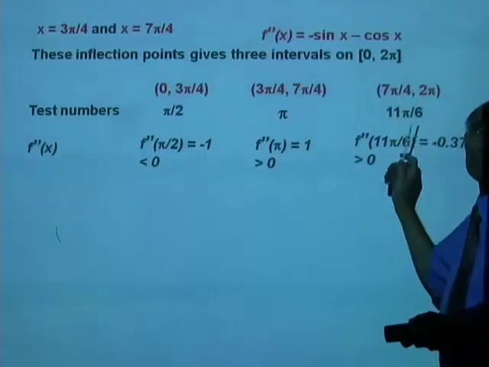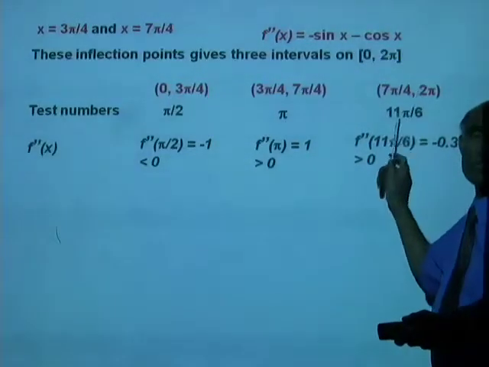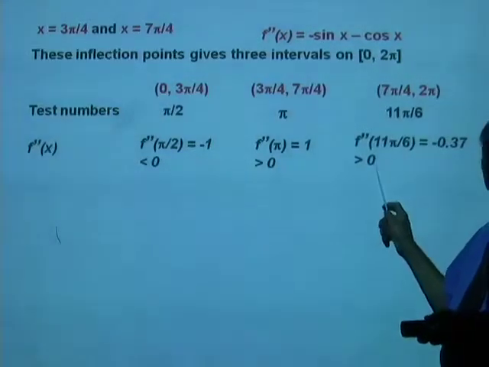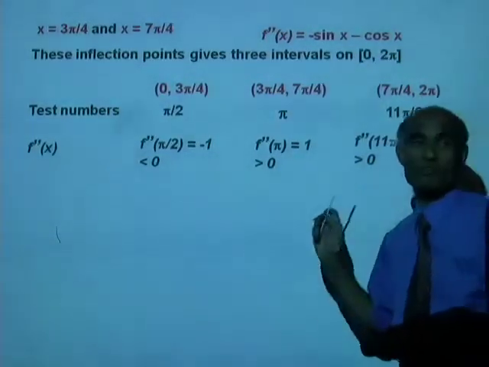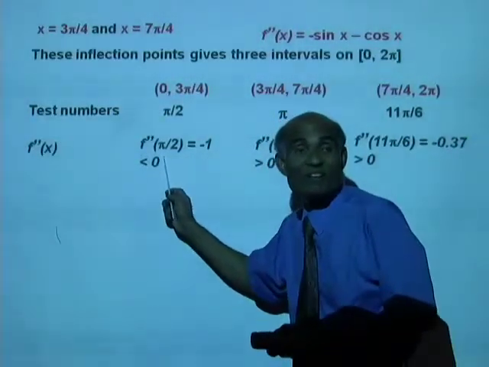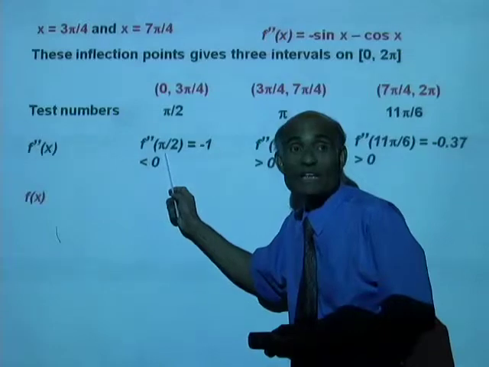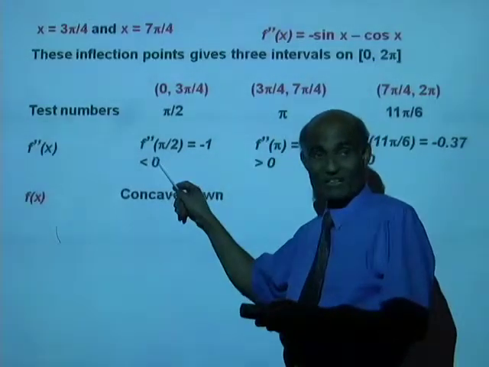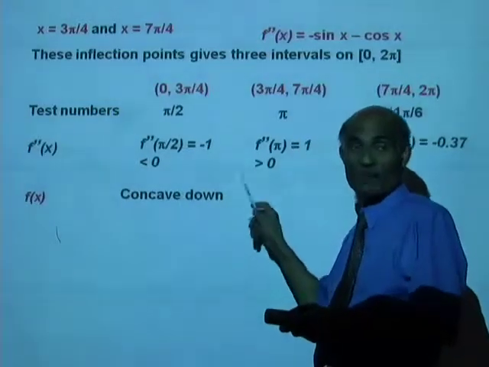And from 7 pi by 4 to 2 pi, the second derivative is negative. It should be negative, not positive. Well, if the second derivative is negative, what can you say about the concavity? Concave down. Second derivative negative, concave down.